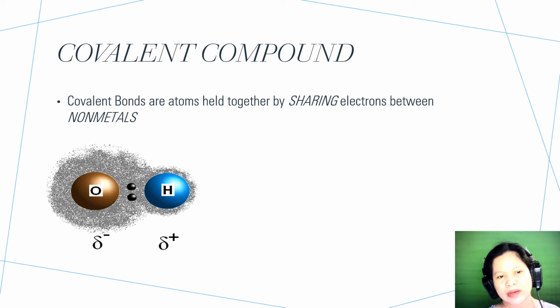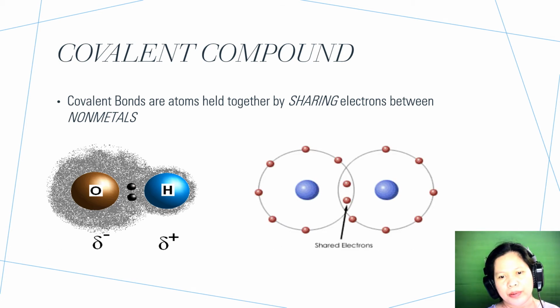Okay, since there are shared electrons in the given example. So maybe this is chlorine, okay, since they shared 1 electron.